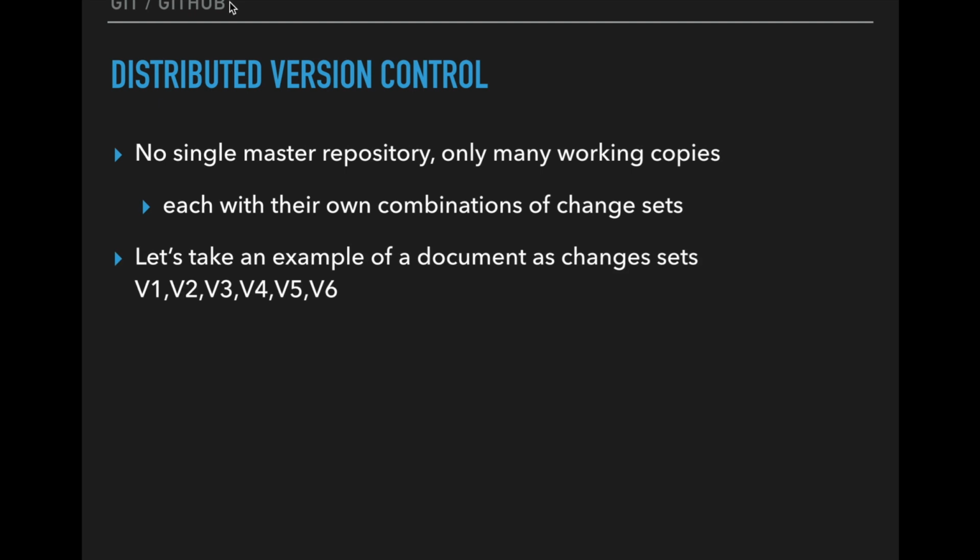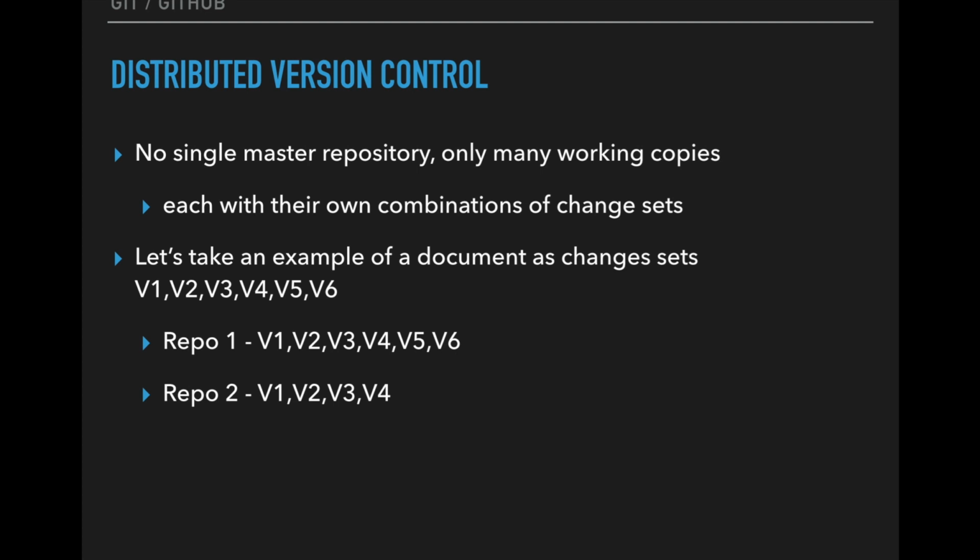So imagine that we have changes to a single document as version 1, version 2, version 3 till version 6, and we are just going to give them arbitrary letter names so that we can help visualize it much better. So we could have a first repository that has all 6 of those change sets in it, and we can have a repository 2 that only has 4 of these changes in it.